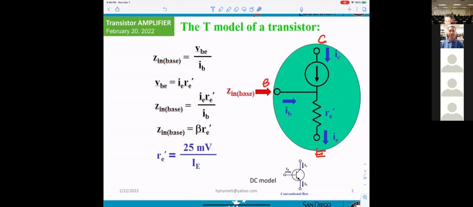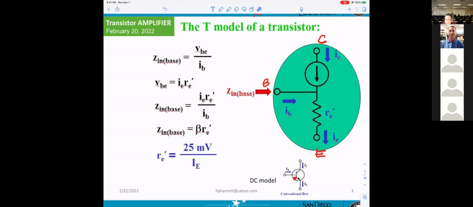That means from the collector going into the base, you get the current beta IB. This is the current IB, and this is the current IE. However, now you can see from the base to the emitter, there isn't any diode here.